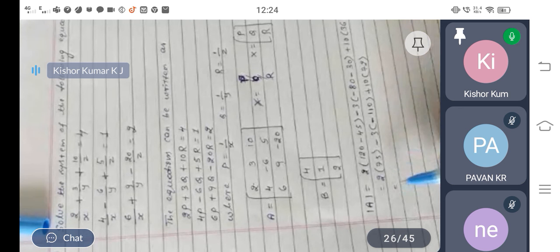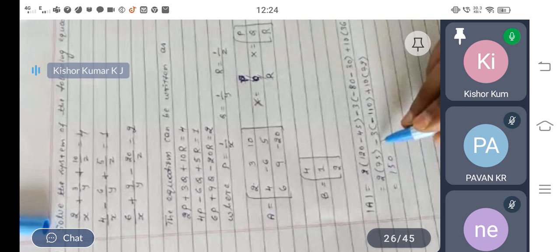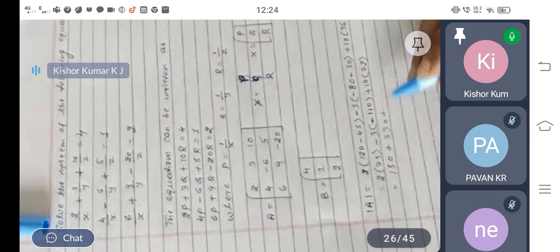What is the final answer? 75 into 2, 150. Minus into minus will be plus, 3 into 110, 330, plus 10 into 72, 720.